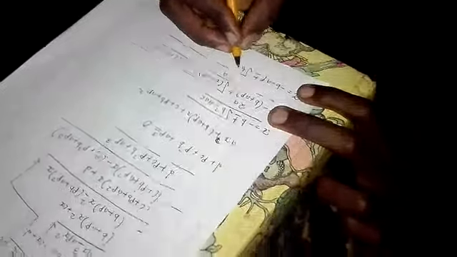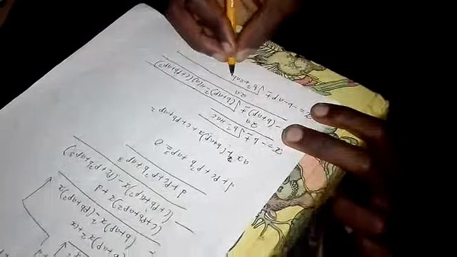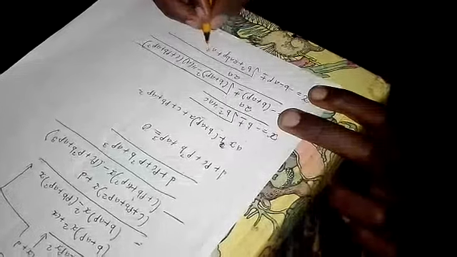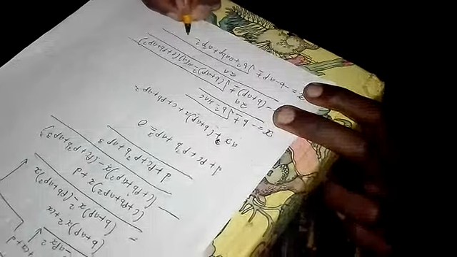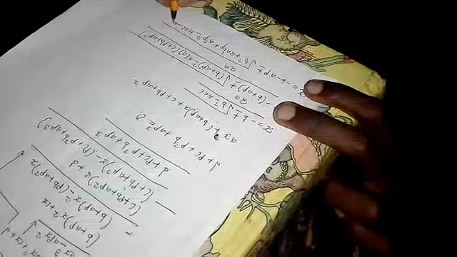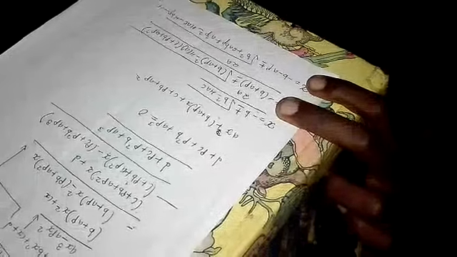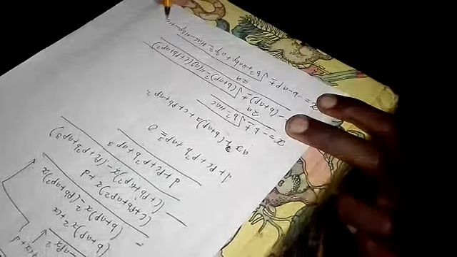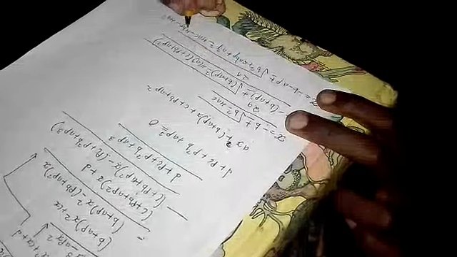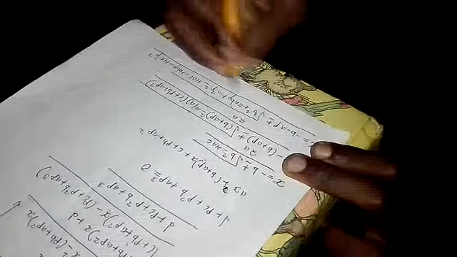This would be b squared plus 2abp plus a squared p squared minus 4ac minus 4bp minus 4a squared, so this would be negative 4abp. This would be 4a squared p squared over 2a.